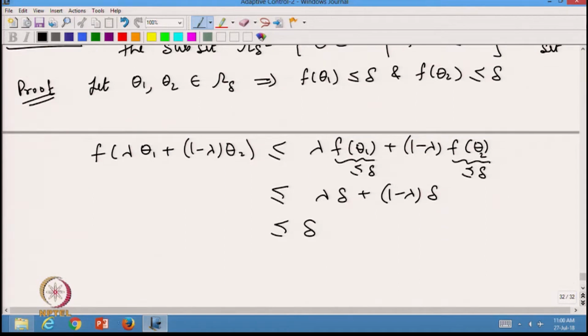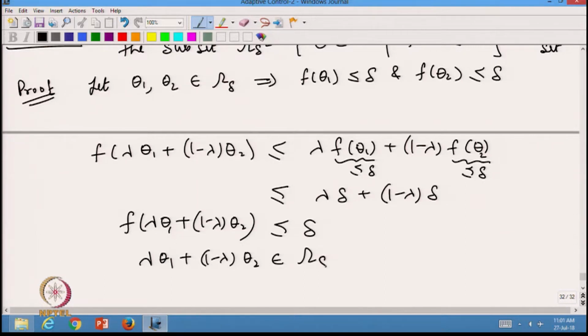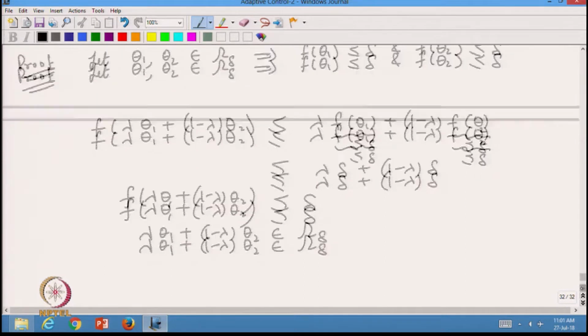So, what we are looking at is that f of lambda theta 1 plus 1 minus lambda theta 2 is less than equal to delta, which means that lambda theta 1 plus 1 minus lambda theta 2 should belong to this set omega delta, right.